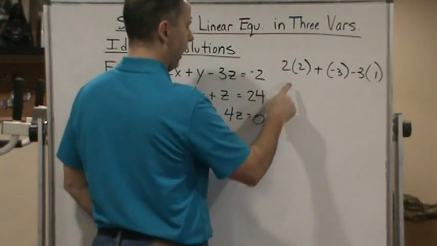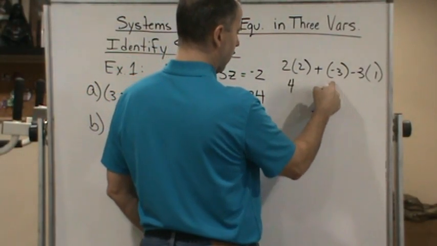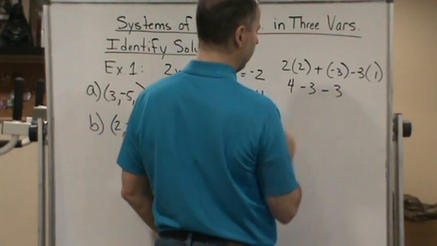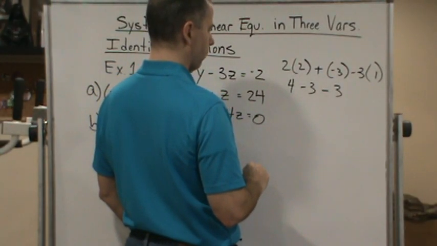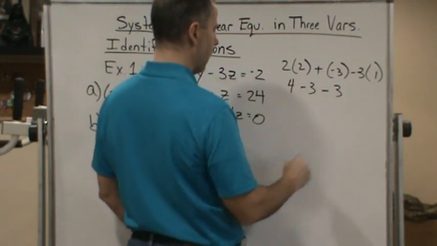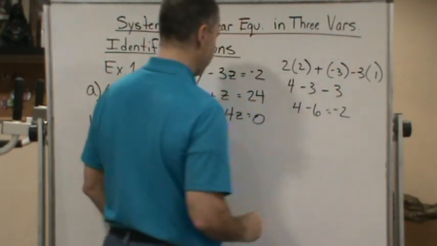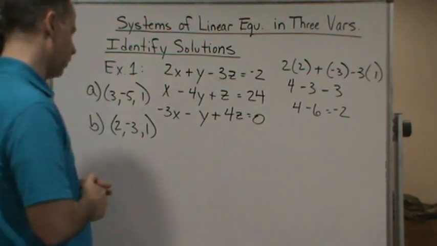So we get 4 minus 6, which equals negative 2. So far so good. We get negative 2 equals negative 2.